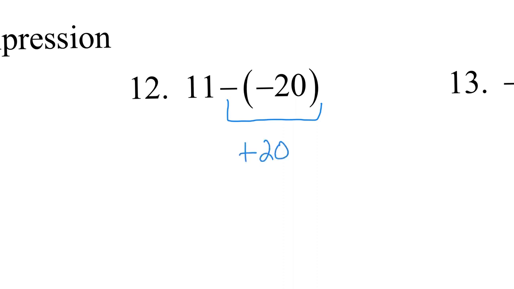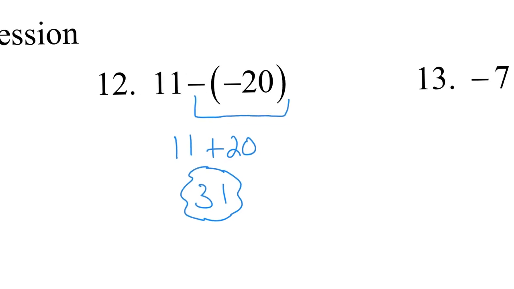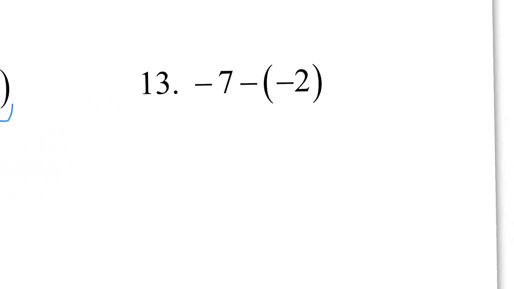Now the first number, you bring it down. You're not going to change the sign. That's why some teachers say keep, change. You keep the sign of the first one. So 11 stays the same right there, and you just do the summation. 11 plus 20 is 31. But double negatives is when you guys change the second number into positive, and you guys follow the rules of integers, the ones I gave you guys in class.